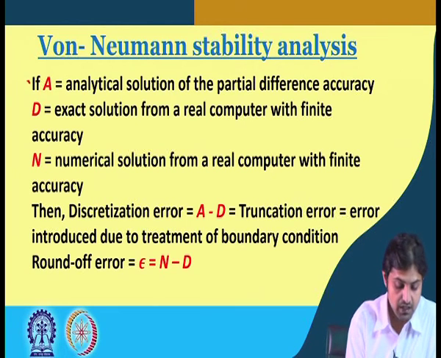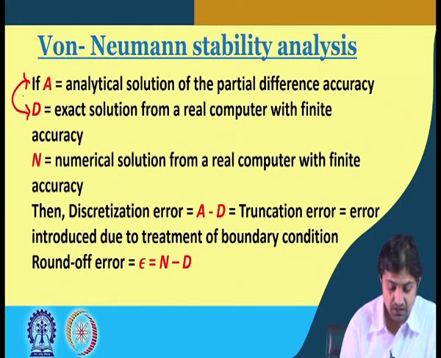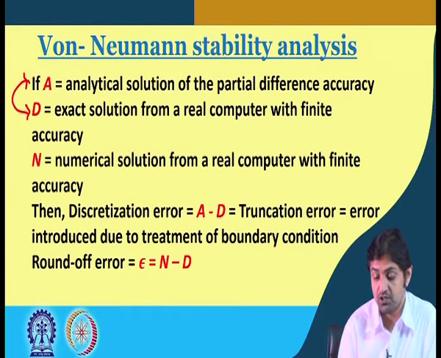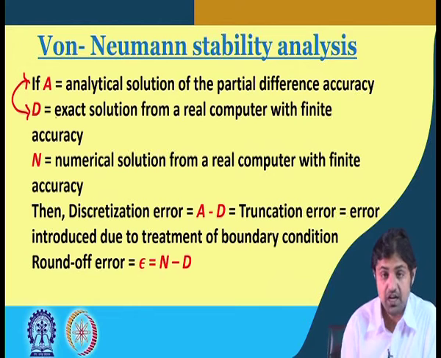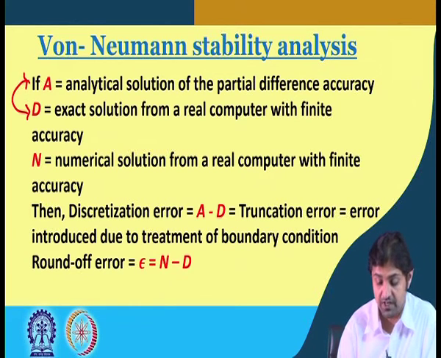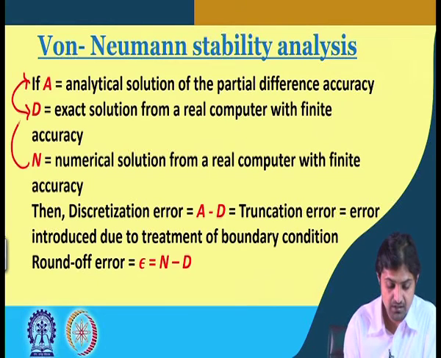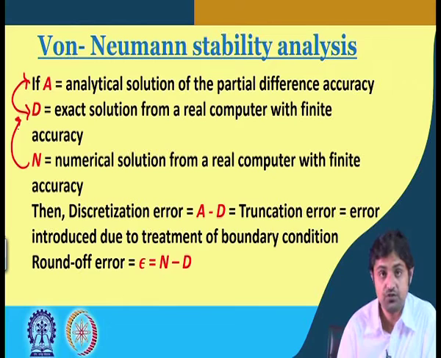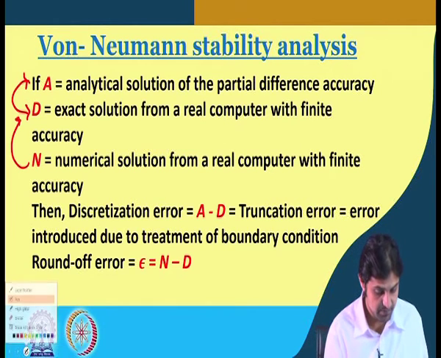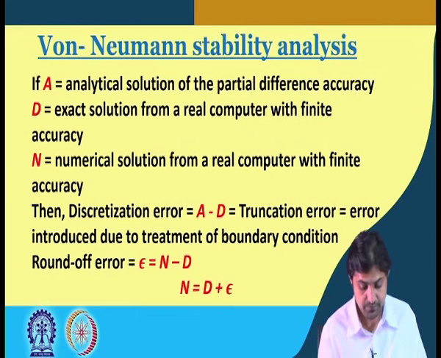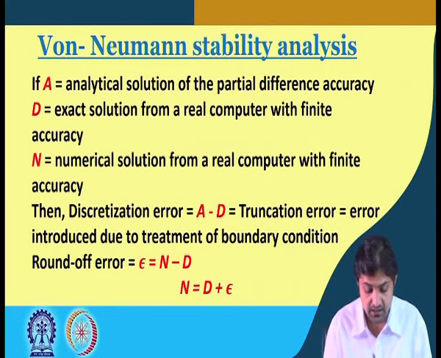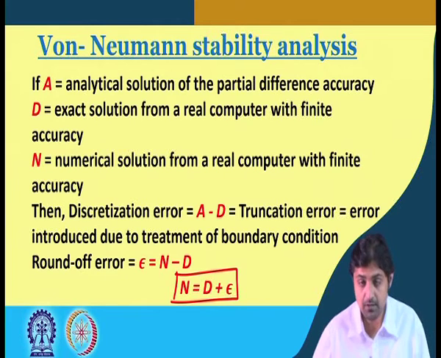The discretization error is the difference between the analytical solution of the partial differential equation and the exact solution from a real computer with finite accuracy, whereas the round off error is N minus D. So we can write N is equal to D plus epsilon.